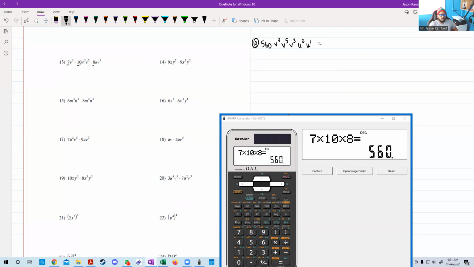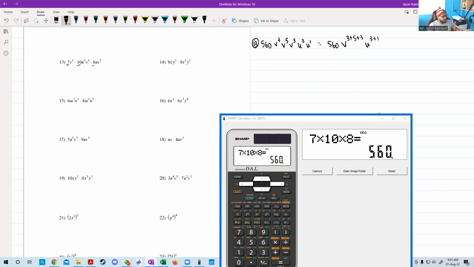So this is equal to 560. I recommend you write out the addition process: v to the power 3 plus 5 plus 3, u to the power 3 plus 1.